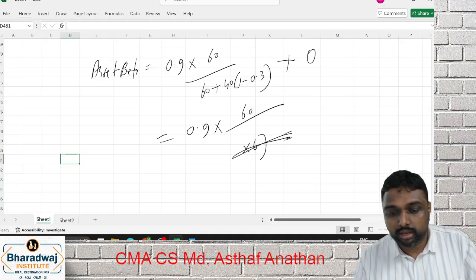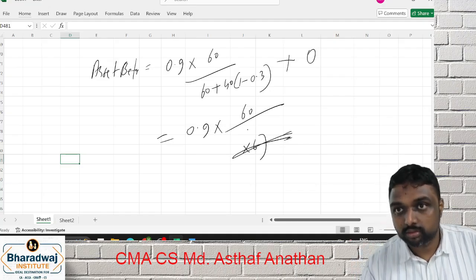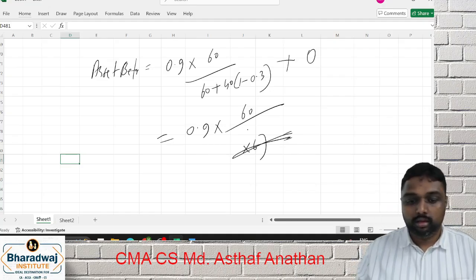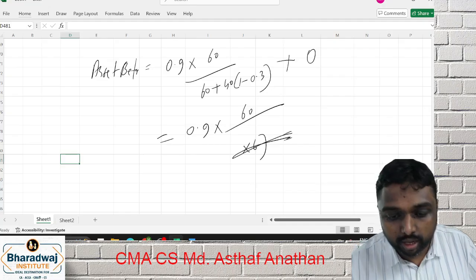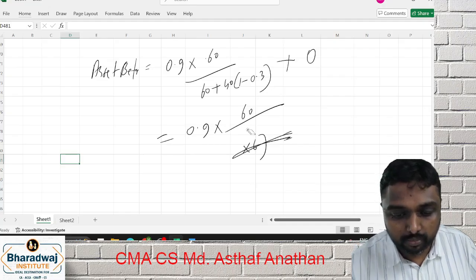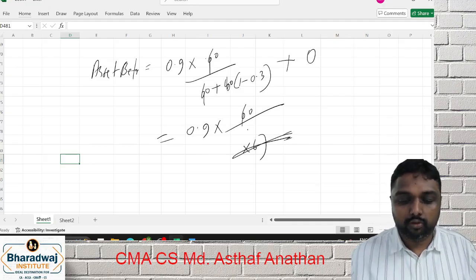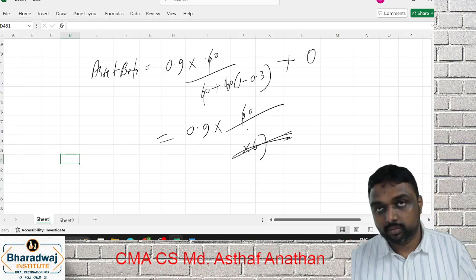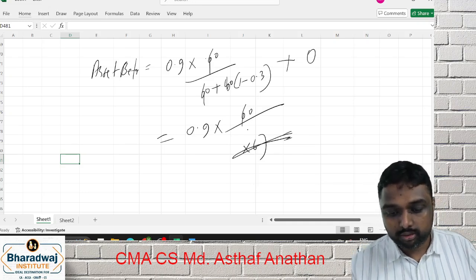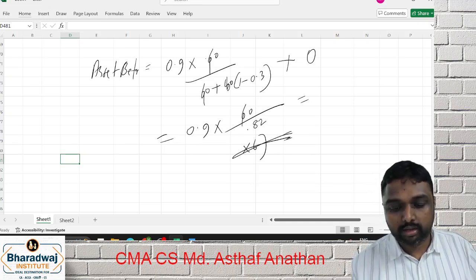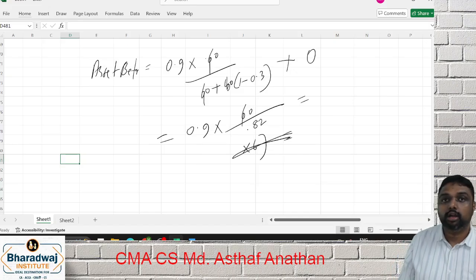Sorry, debt is 60. Okay, so equity is only 40. So we have to correct this: this is 40 and this is 60. So you will get 82. Correct? 0.9 into 40 by 82.